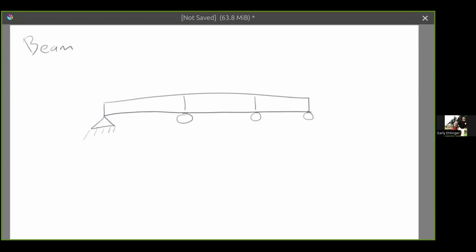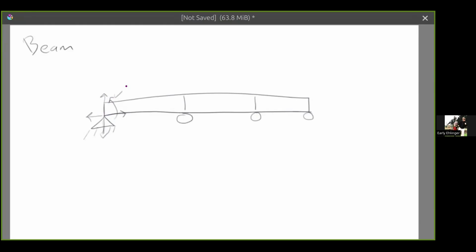So these symbols that I've drawn under this member or this set of members are how structural engineers describe the restraints placed on the system. So in this case, on this left end here, we have a pin, which means that it won't let the node move in X or Y. However, it will allow the member to rotate at that point.